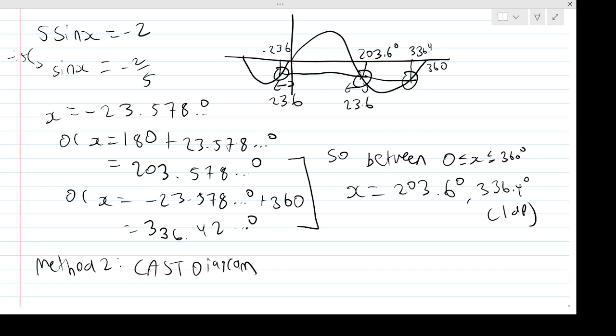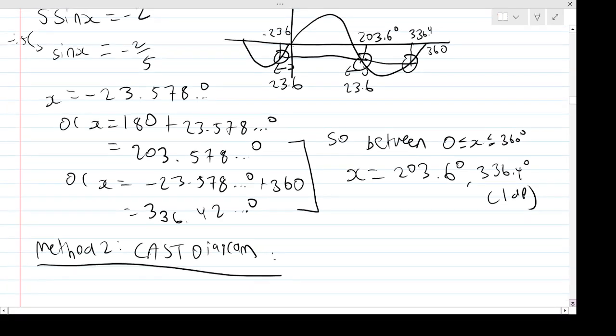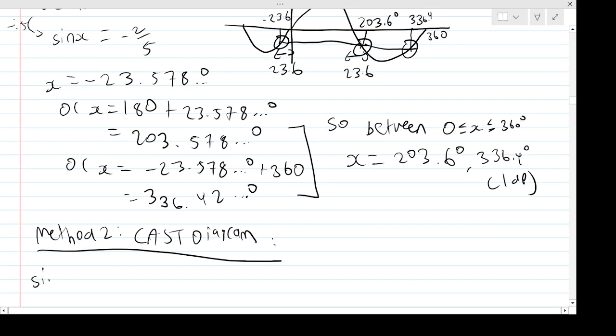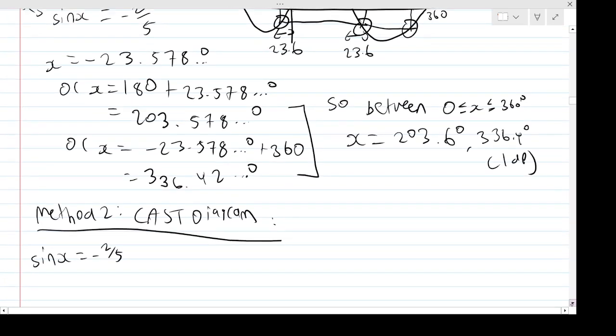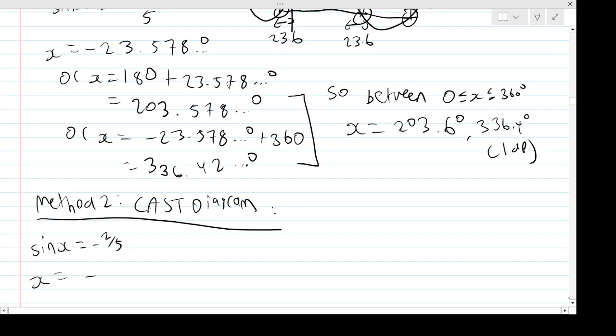So again, we found the first solution. We had sine x is minus 2/5. Then we took the inverse sine to get the angle x to be minus 23.578. Again, we're going to draw that angle on our four-quadrant grid.